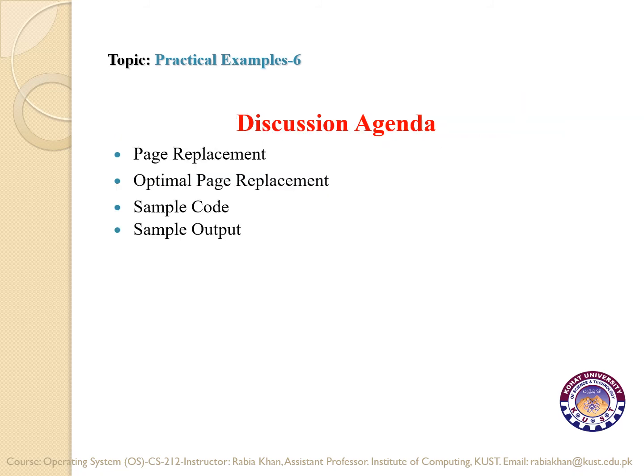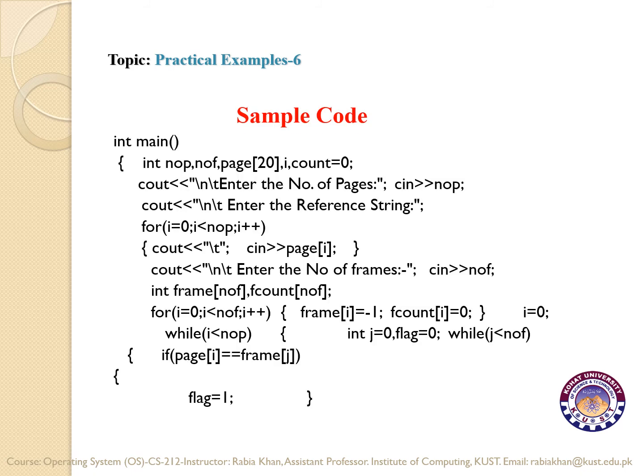Let's now see how we can code optimal page replacement using any programming language. This is a code snippet for optimal page replacement. You can find the complete code in the attached Word document on KCMS. In this code, we are going to enter a reference string, the number of pages, and also the frame size.